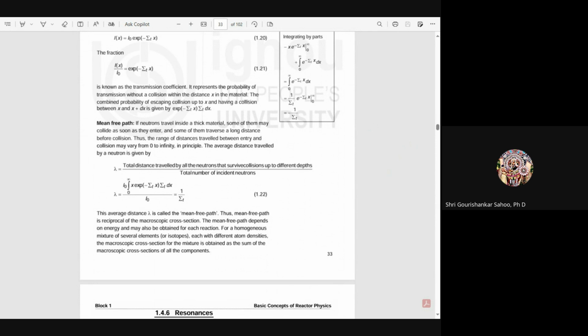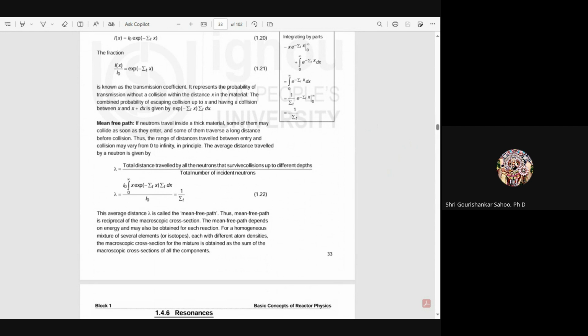So lambda can be expressed mathematically as lambda is equal to I0 integration 0 to infinity x exponential minus sigma T x, sigma T dx, divided by I0, which is equal to 1 by sigma T. Now this lambda is called the mean free path. So the mean free path is the reciprocal of the macroscopic cross section, and mean free path depends on the energy and may also be obtained for each reaction.